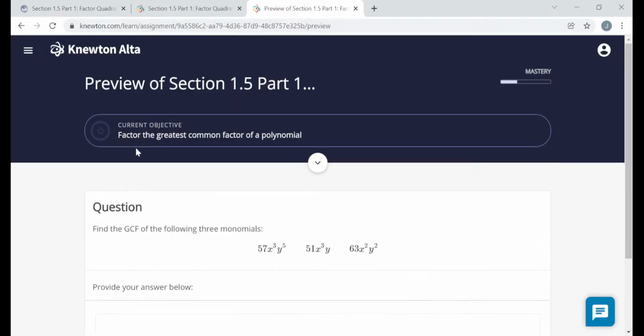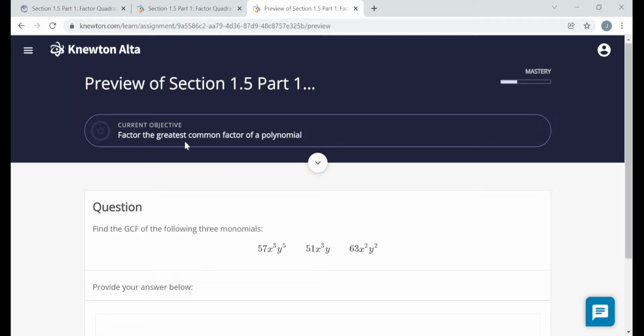Alright, so now we're back to this objective that we haven't started yet: factor. Now I've already done this a little bit, factoring out a common factor. From that 3x squared minus 2x, I factored out an x, and from the 12x minus 8 in the previous example, I factored out a 4. This is just factoring out something that's a common factor to all the terms of a polynomial you're looking at.